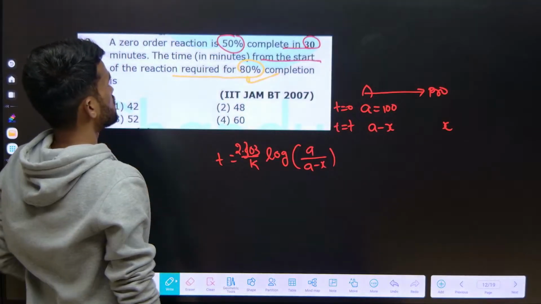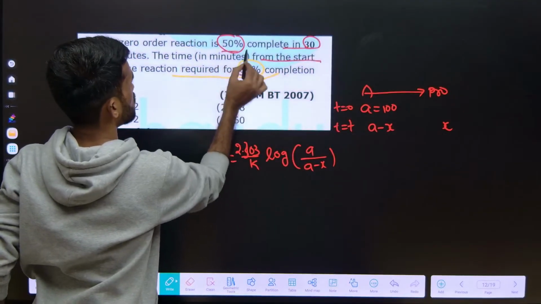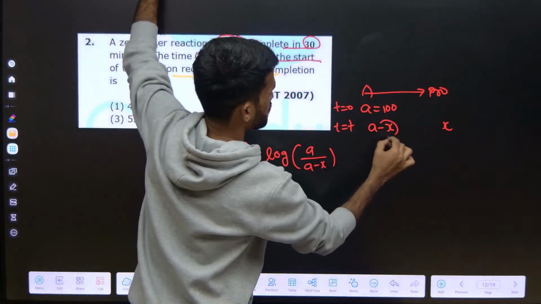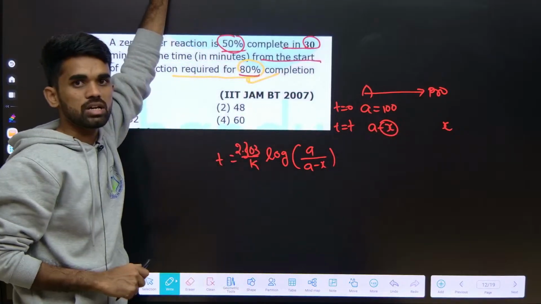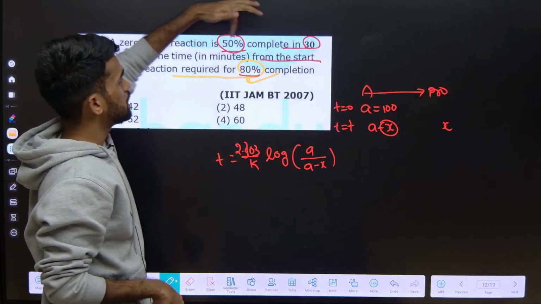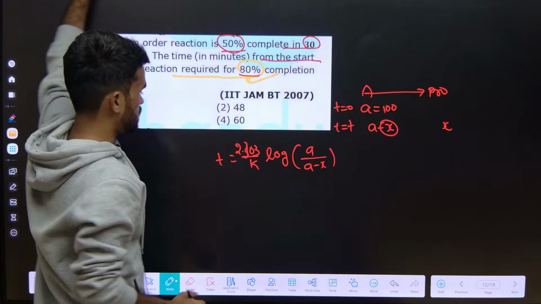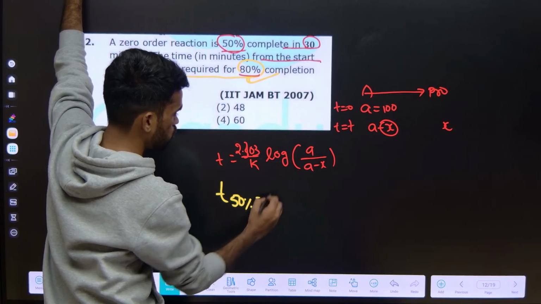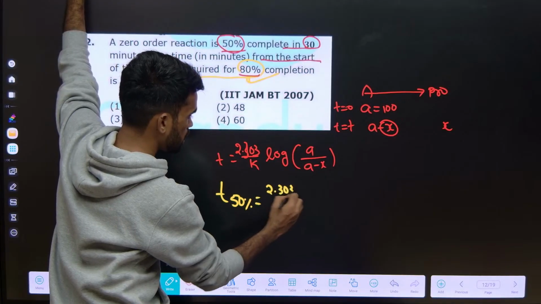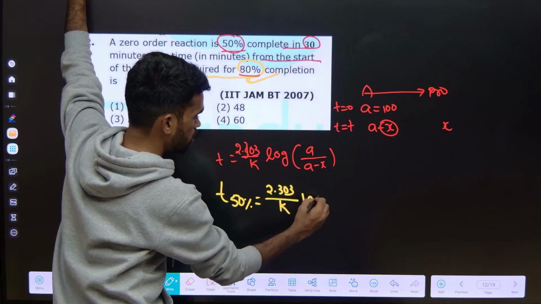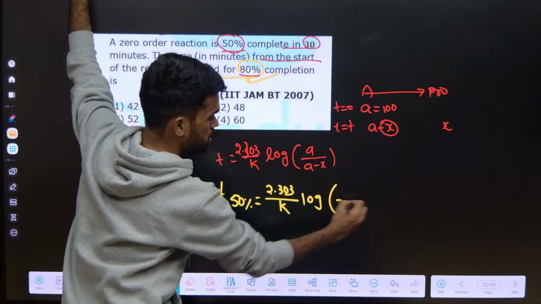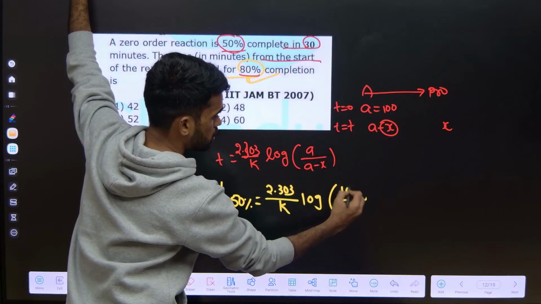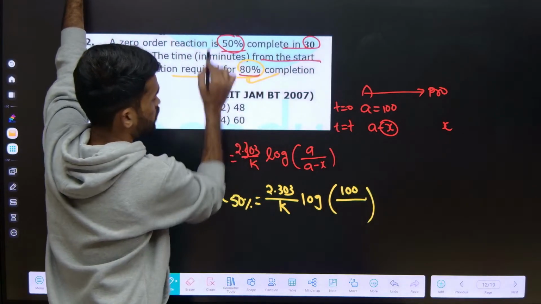So what they are saying, 80%, here 50%. Here X represents the amount of reaction completed. In the first case it is 50%. It means T 50% equals 2.303 by K log, how much A initially? It is 100. How much is completed? 50% completed.